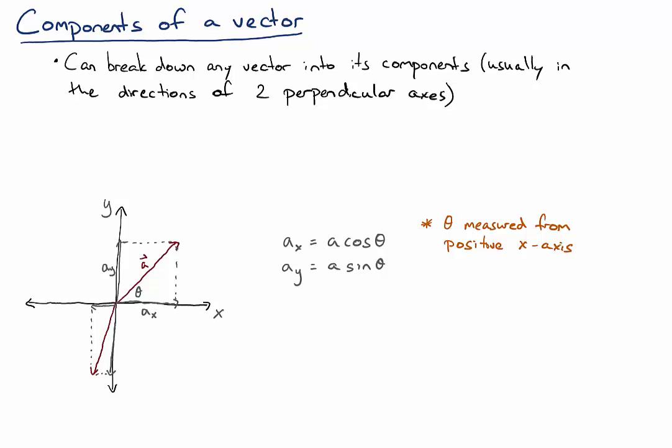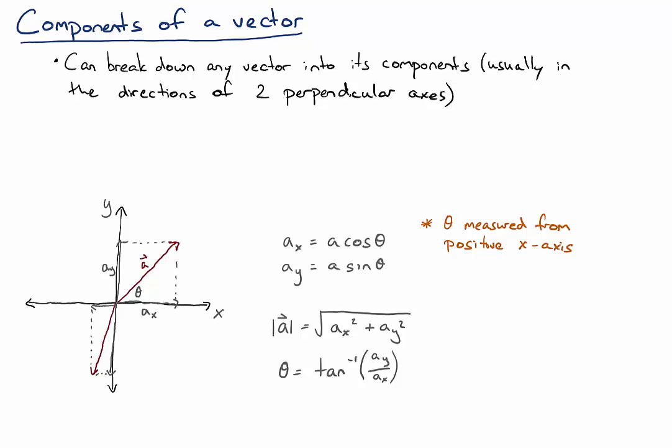See if this looks familiar to you. And you can fiddle around with your original equations for the component sizes here, and you can find an expression for theta. Again, that's just using some basic trigonometry.